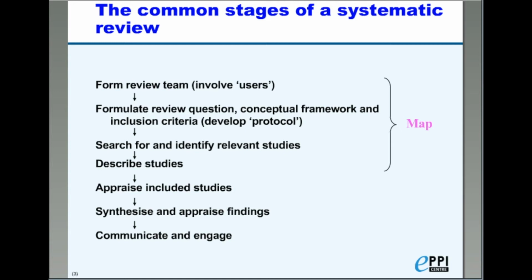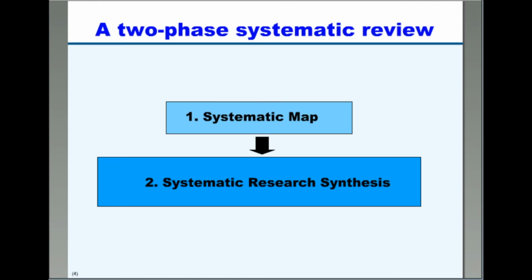Once you've identified those studies, then you synthesize the findings from them. So a review could be seen as having two stages, a systematic map stage and then a systematic research synthesis stage.